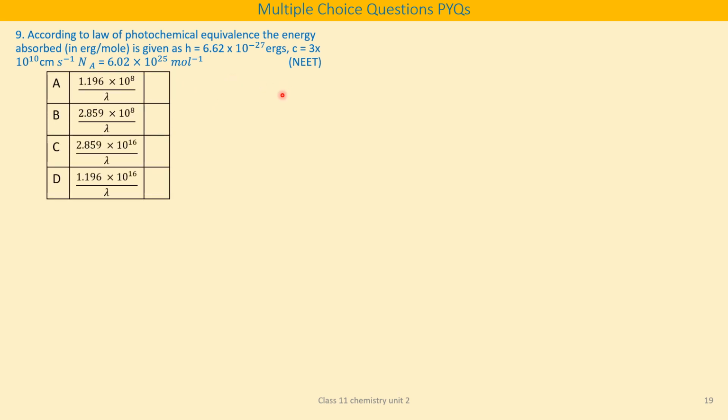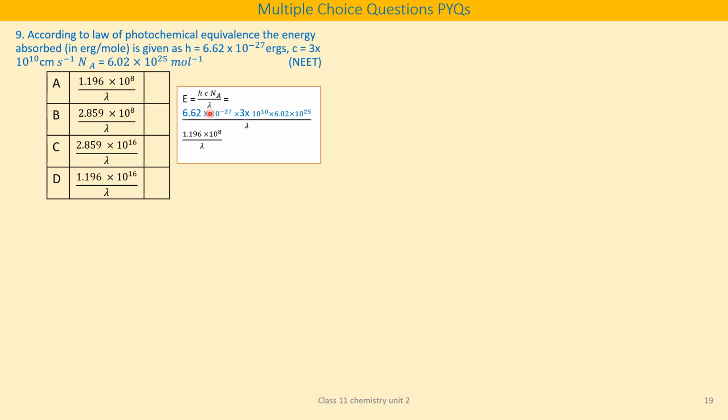So four options are given. You please read the four options, option A, option B, option C and option D. So all the options involve numerical calculation. So you have to remember the correct formula, calculate the value and mark it. I will give the hint. So we know energy is equal to h into c into Na divided by lambda.